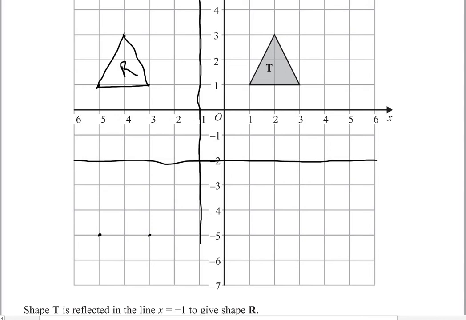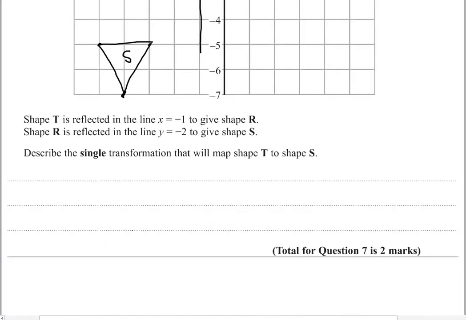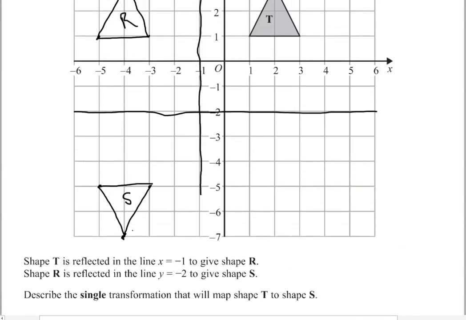And finally this point, the top point, 1, 2, 3, 4, 5. Okay, so now again, connect that up. So that's shape S. Okay, the question, describe the single transformation that will map T to shape S.